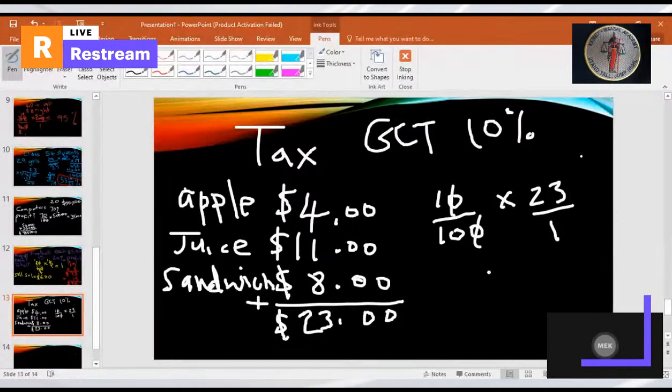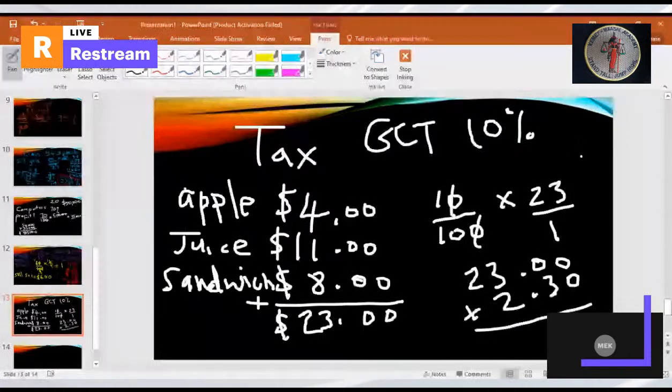So it gives us $2.30, and so now we need to add that $2.30 to the $23. So in all, we end up paying $25.30.